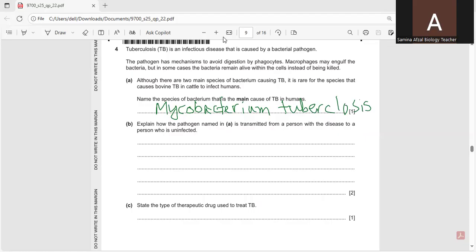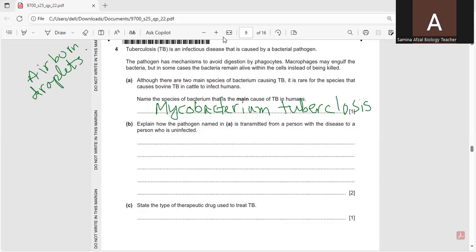The pathogen, Mycobacterium tuberculosis, is primarily transmitted through the air via aerosols. Aerosols are tiny airborne droplets, which are produced by an infected person.